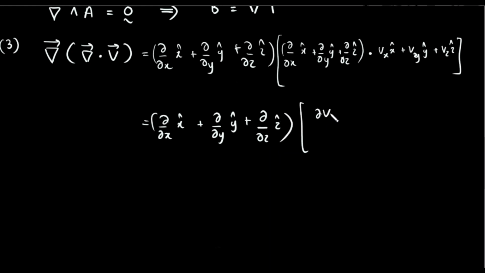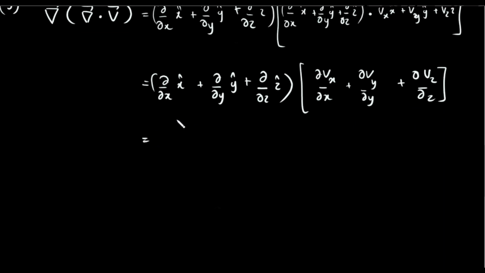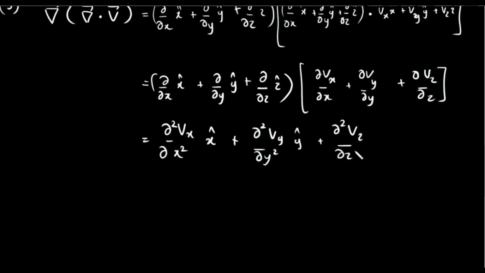So we have the partial of vx over partial x and partial of vy over partial y and plus partial of vz over partial z. So now you have the partial squared vx over partial x squared x hat plus partial squared vy over partial y squared y hat plus partial squared vz over partial z squared z hat.